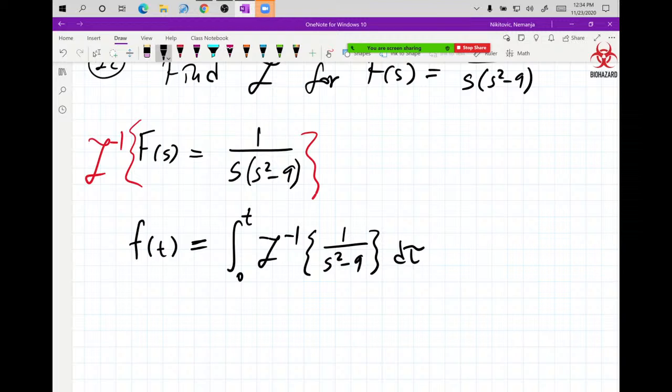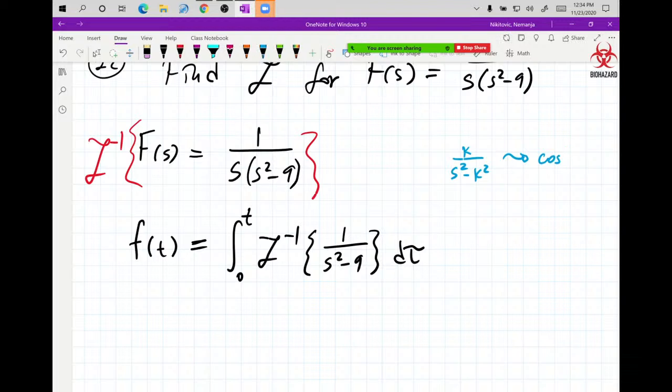Now, the thing inside is in a table. 1 over s squared minus 9 is going to be your hyperbolic, if you paid attention and studied the chart at all, right? When you have 1 on top and you have, well, k actually, and s squared minus k squared. I know this is all new to you, but k over s squared minus k squared goes into cosine hyperbolic.